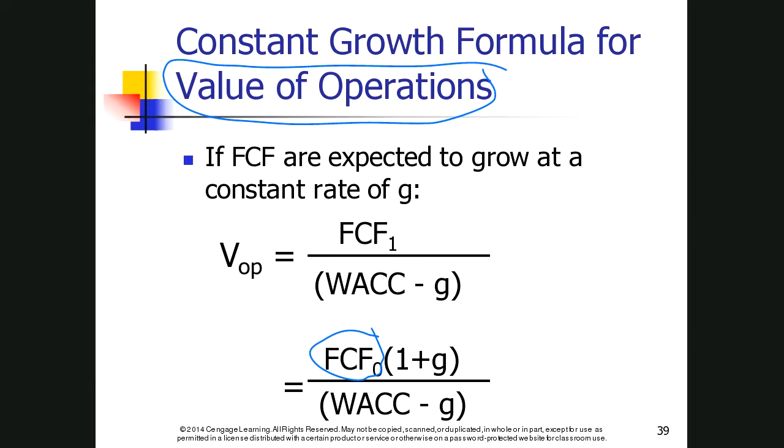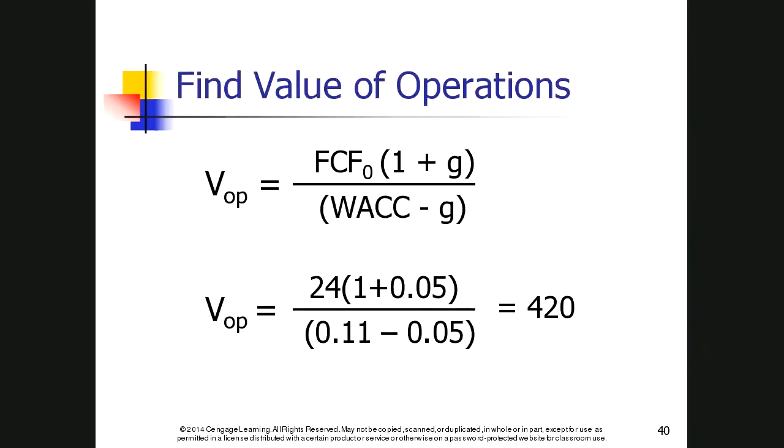So you take WACC minus G here. It's 24 million times 1 plus the 5%, divided by the 11% WACC minus the 5% growth. That's 420 million. So this is the firm's value of operations.